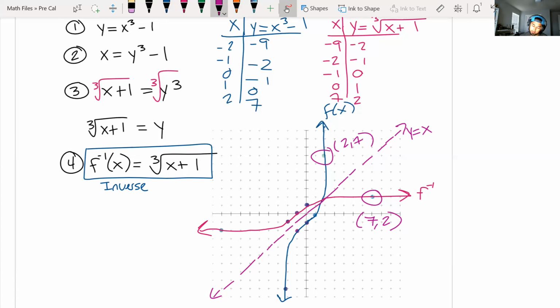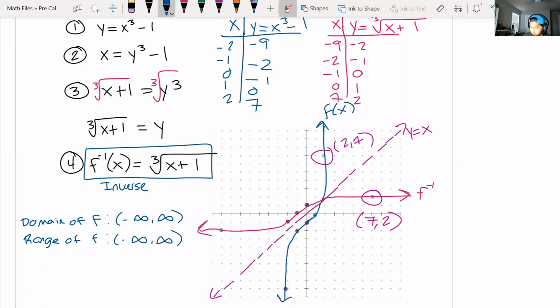All right. And I guess there's one more thing we could do here, which is the domain and range. The domain of f, or the domain of x cubed, and even x cubed minus 1, is all real numbers. And the range of f is also going to be all real numbers.